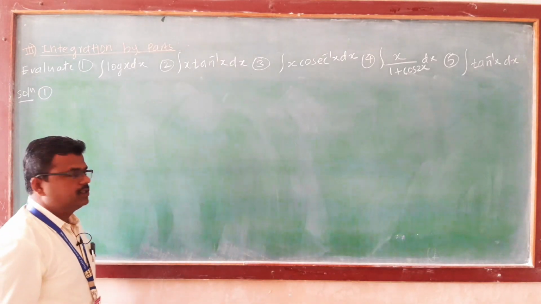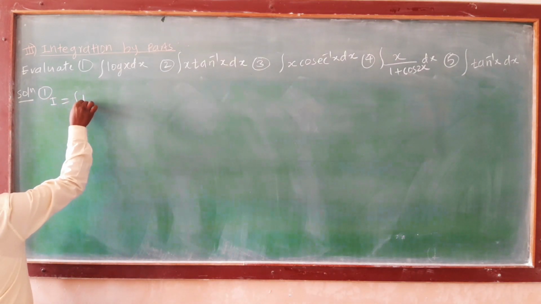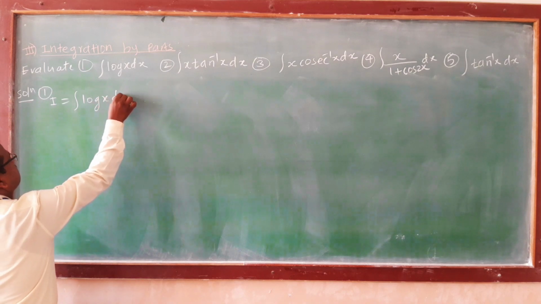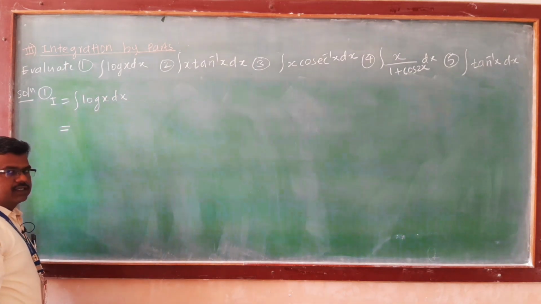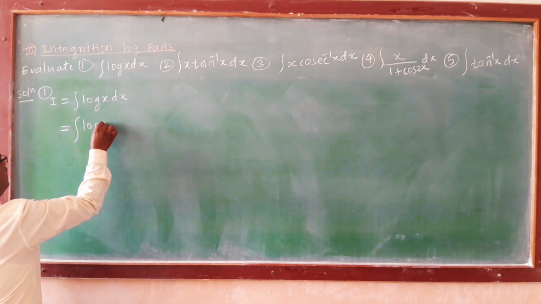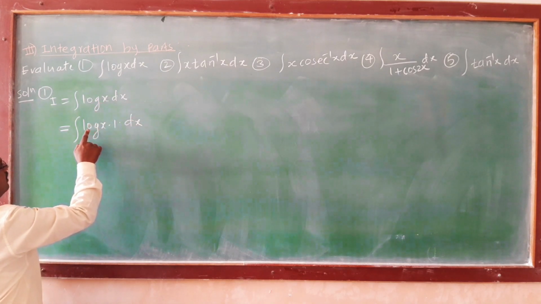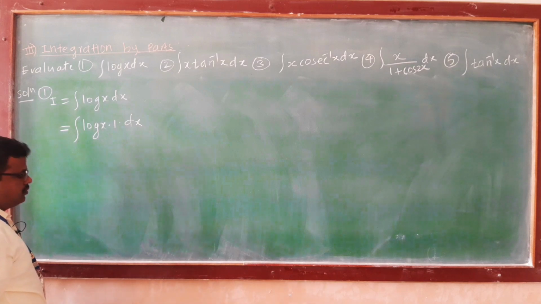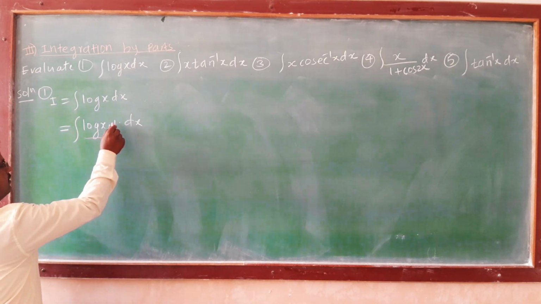See the solution of this first: let I is equal to integration of log x dx. Now here is only one function, log x, and we have to use the u into v rule. For that, take 1 as another function. Write this as log x into 1 into dx. Now these are two functions, log x and 1.